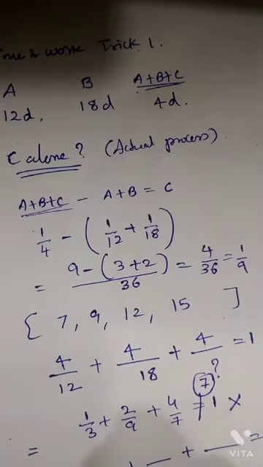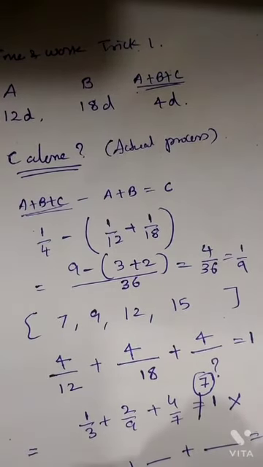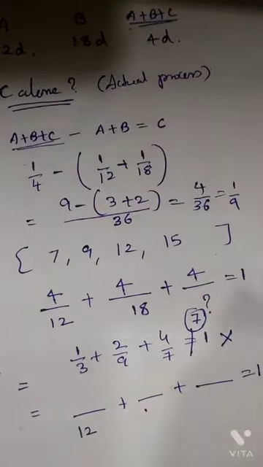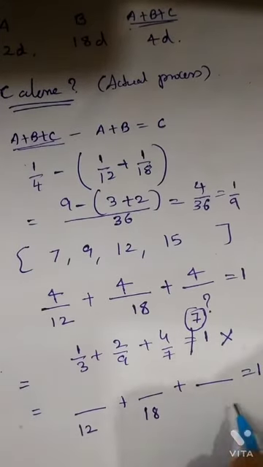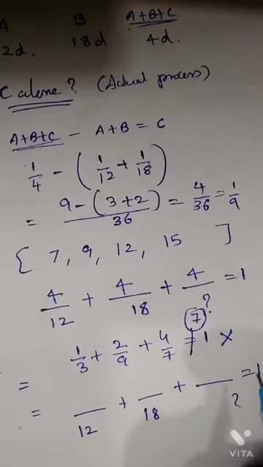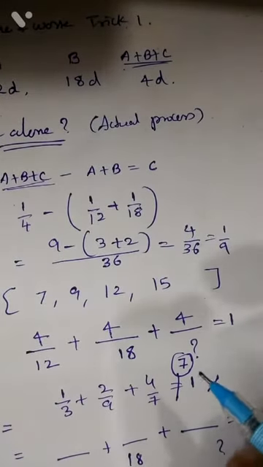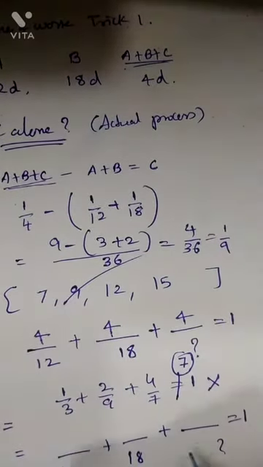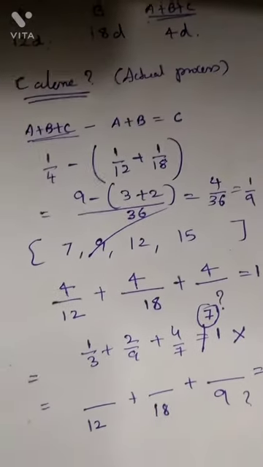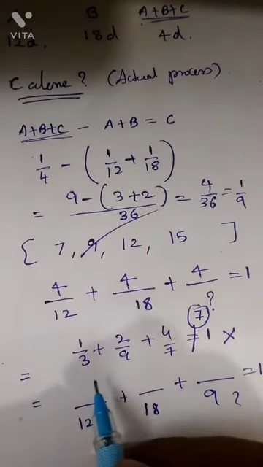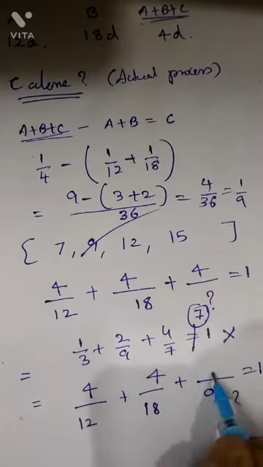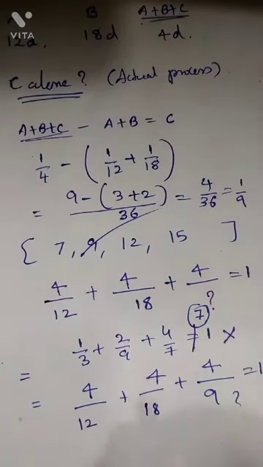If I go with this, A can do it in 12 days, B can do it in 18 days, C will do it in how many days? I am going with the direct option, that is 9. So if we put 9 here, because C is working individually in 9 days, that is the answer. This is 4 by 12, 4 by 18, 4 by 9, because the 3 have done 4 days' work.